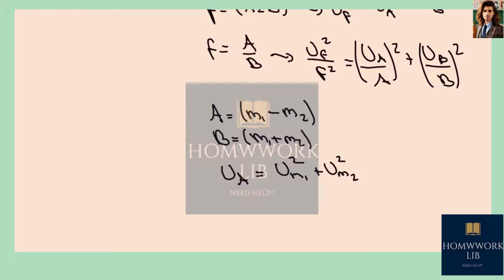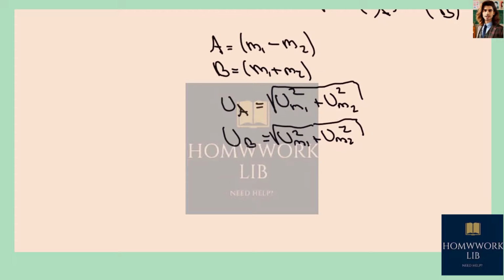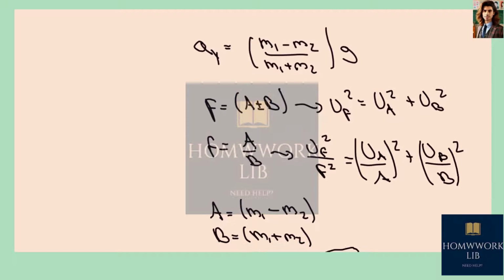Both of them are going to be squared and taking the square root. The uncertainty for b, it turns out that is going to be exactly the same value as follows.